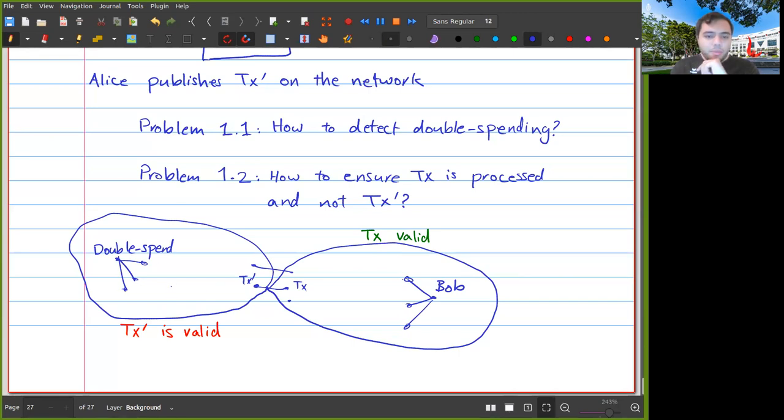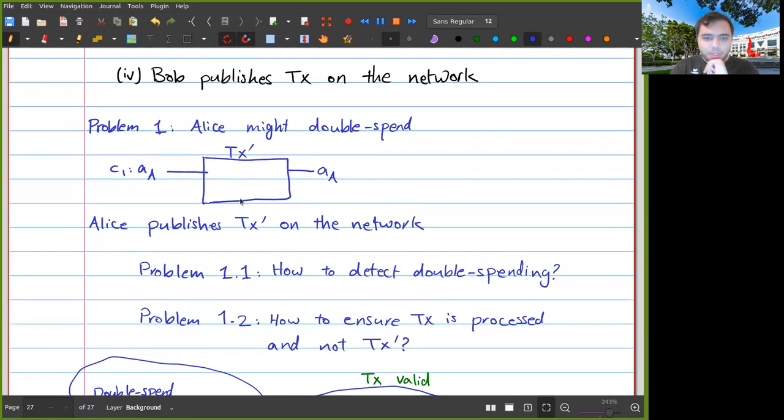But of course, the problem is that later on, maybe the miner who mines the next block is here. Or for some reason, even if the miner has heard of both transactions, maybe the miner prefers the second transaction because, let's say, Alice is malicious and this one pays a larger transaction fee than the original transaction.